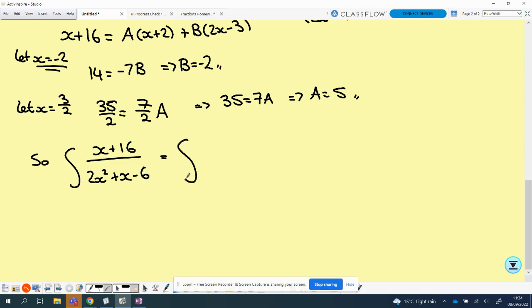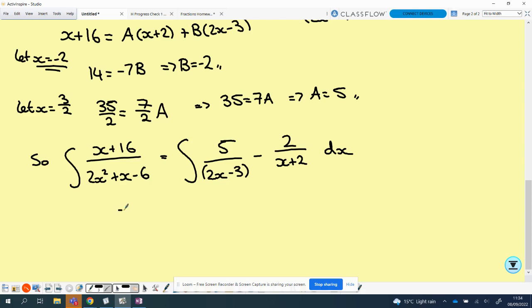A was 5, so it's going to be 5 over 2x minus 3, then because b is negative, negative 2 over x plus 2 dx. So all I've done is partial fractions to get that first function split into that there. I can now integrate both those terms on the left hand side.